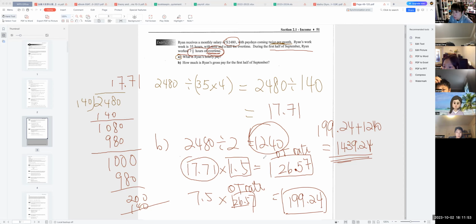Every time you get overtime, Emma, you have to times 1.5. Wait, Carrie, why is it 7.5 times 26.5? Because Ryan has worked 7.5 hours overtime. Oh, 加班加了7个半小时。Oh, I thought it was only 7. Oh no.